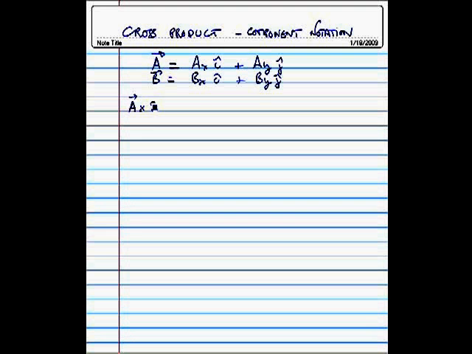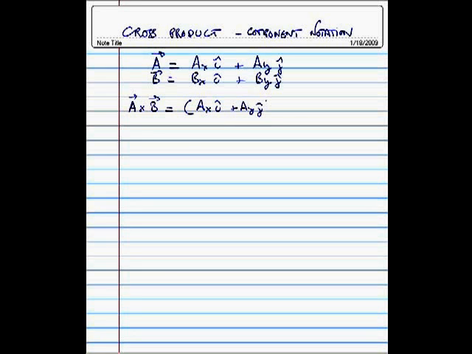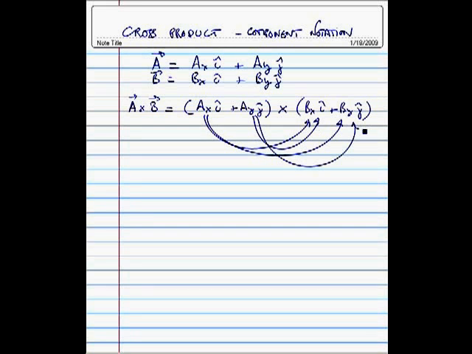Same way as with the dot product, I will use the distributivity rule: (ax i plus ay j) cross (bx i plus by j). So I'm going to be doing this cross this plus this cross this plus this cross this plus this cross this, same as before.